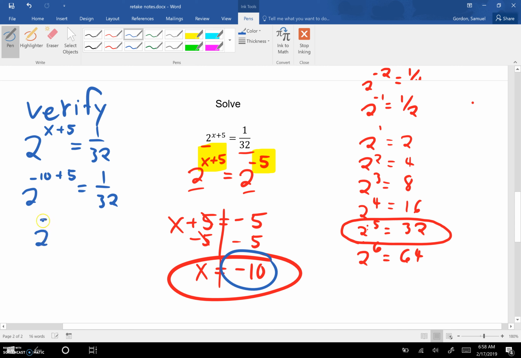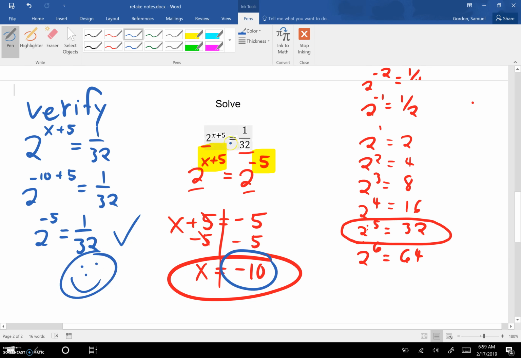Add those, I get 2 to the negative 5th equals 1/32. Now I have to ask myself, is 2 to the negative 5th 1/32? Well, 2 to the 5th is 32, so 2 to the negative 5th is just flipping it into its reciprocal. So yeah, I verified it and it's right, and now I got it.